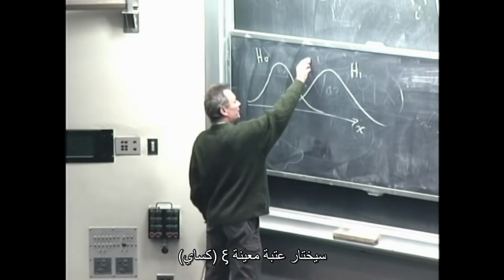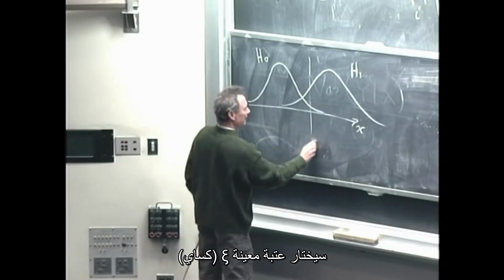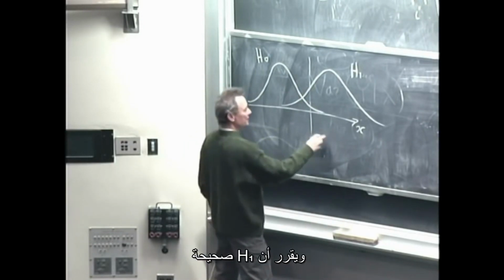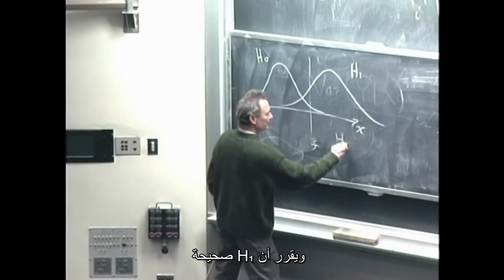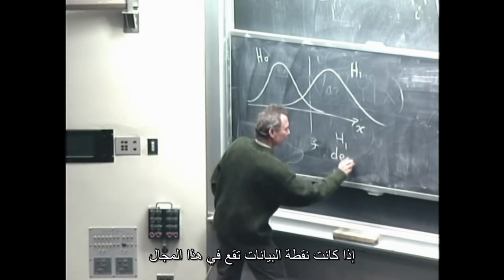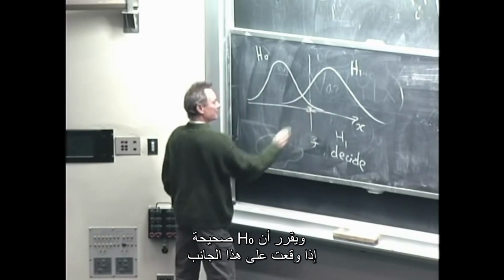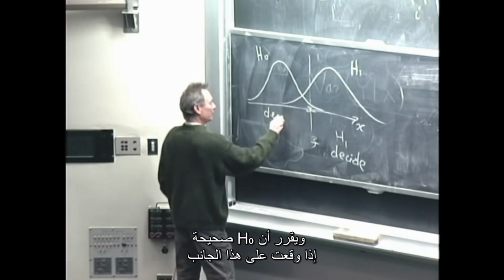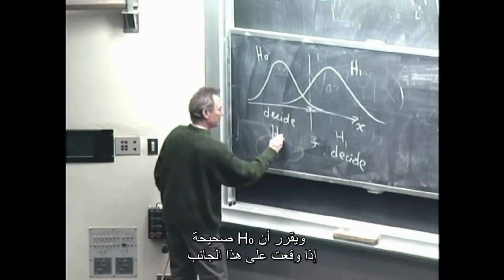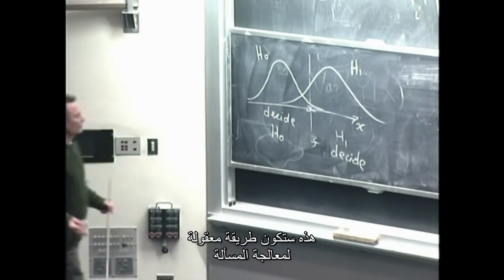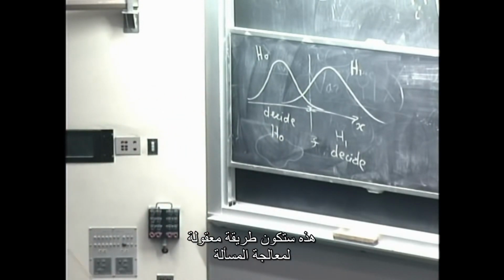They would probably choose a certain threshold, psi, and decide that H1 is true if your data falls in this interval, and decide that H naught is true if you fall on this side. So that would be a reasonable way of approaching the problem.